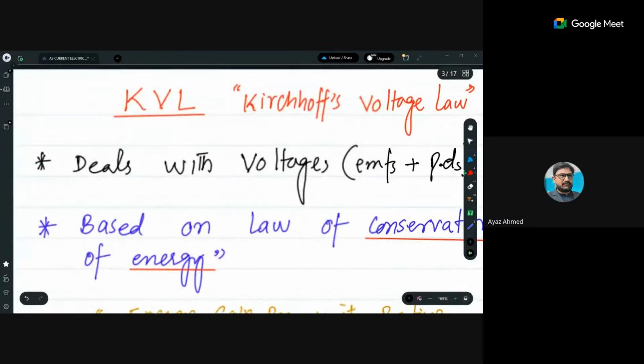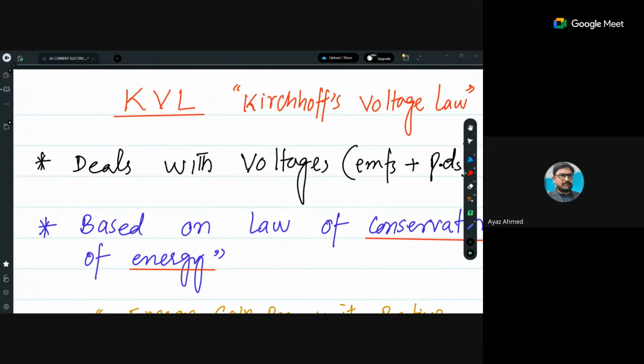This is very important, and there are several rules for this law which we must know how to handle. Kirchhoff's voltage law is the law which deals with potential differences and EMFs.